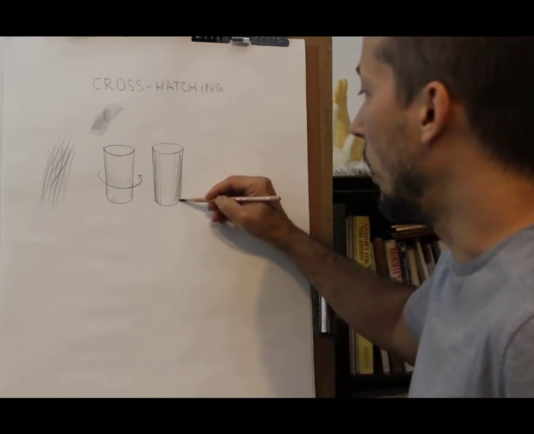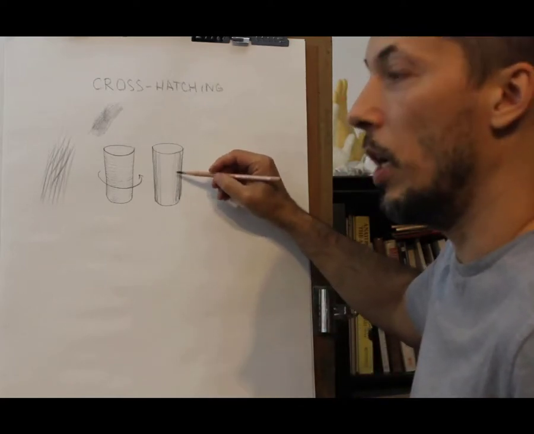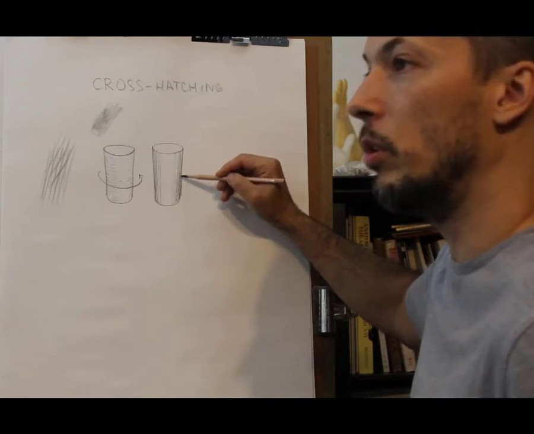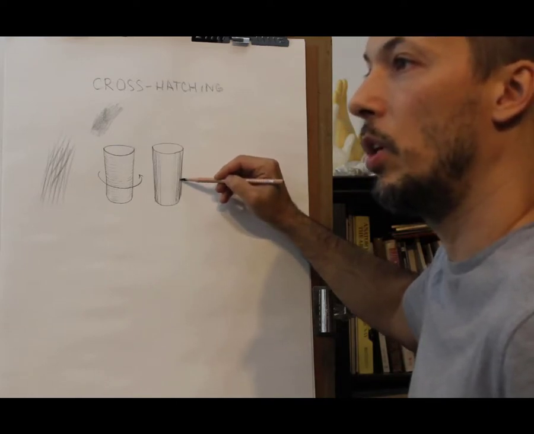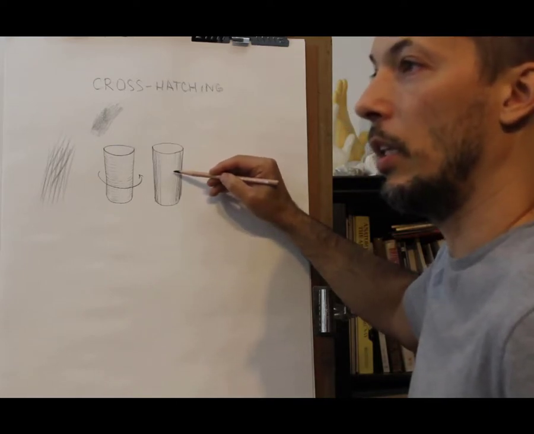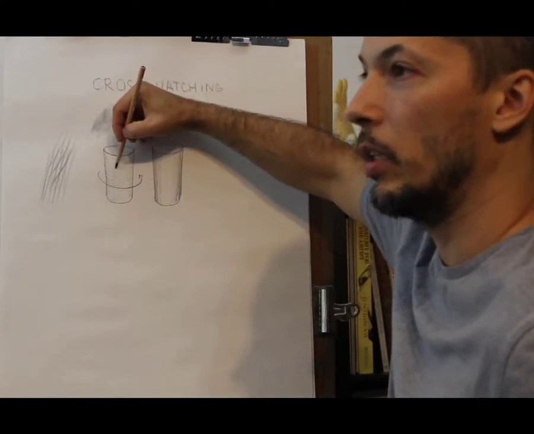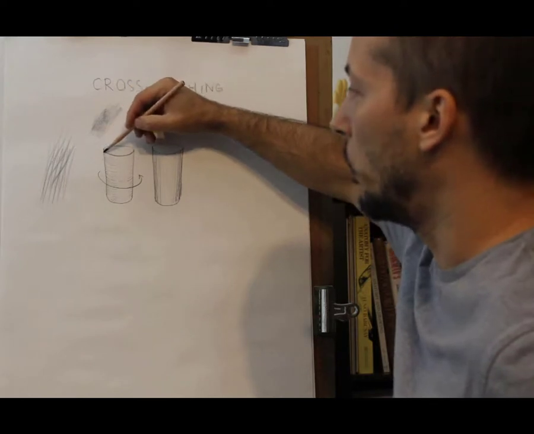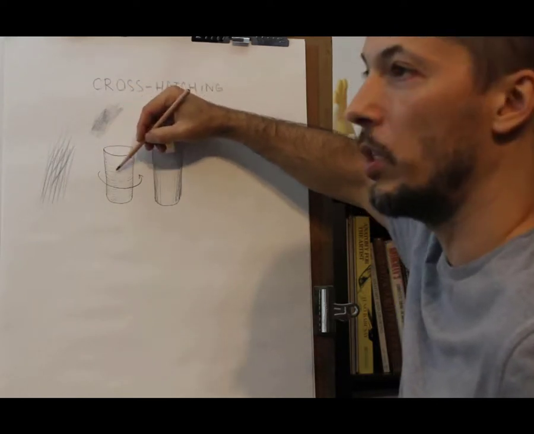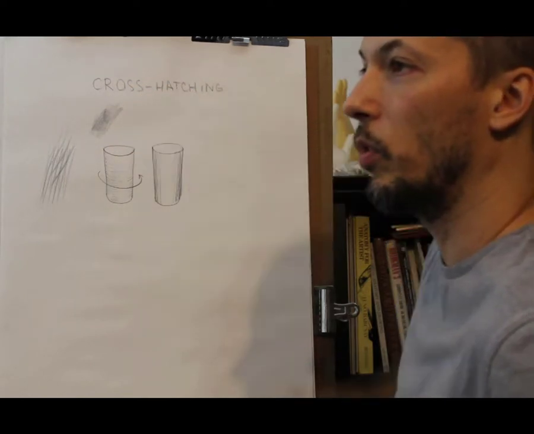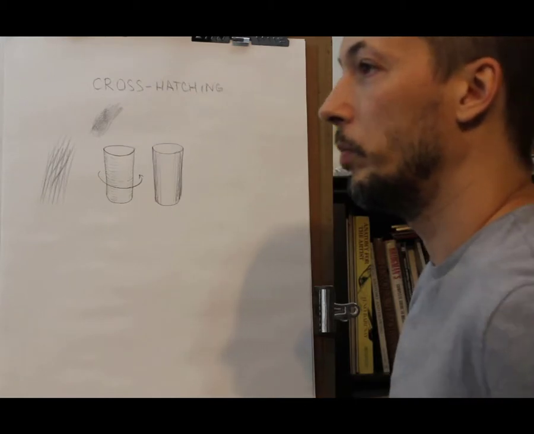I did use more variety of lines, from lighter lines to darker lines towards the edge, which suggested that same sense of change. I did put the lines a little bit closer together here and made them a little bit farther apart in the middle.